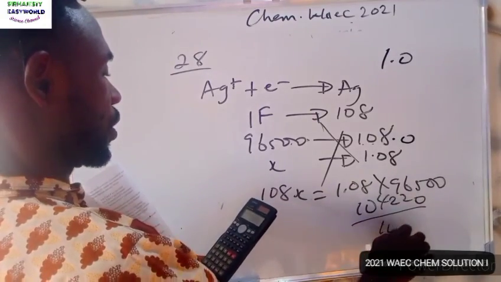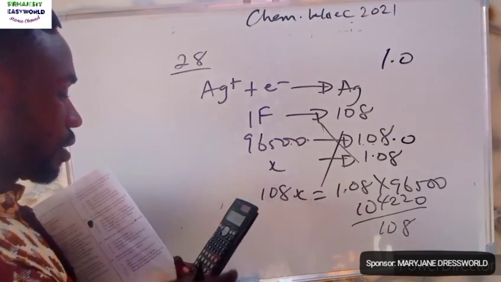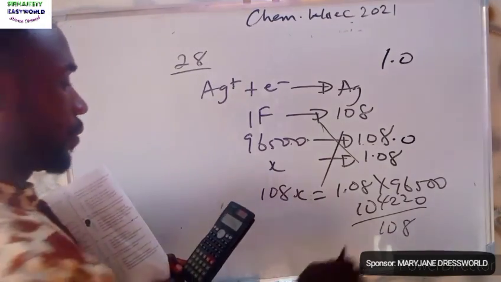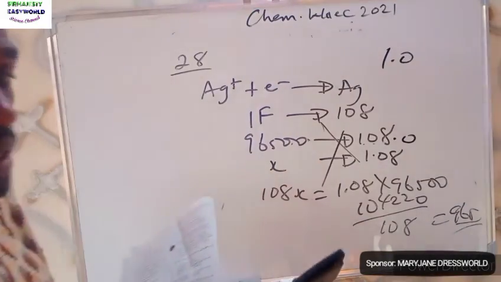Then x, meaning divide by 108, which will give you 965 coulombs. So that's the answer.